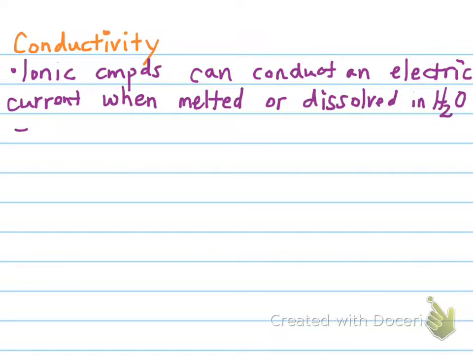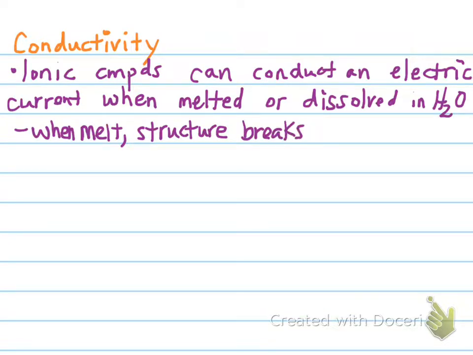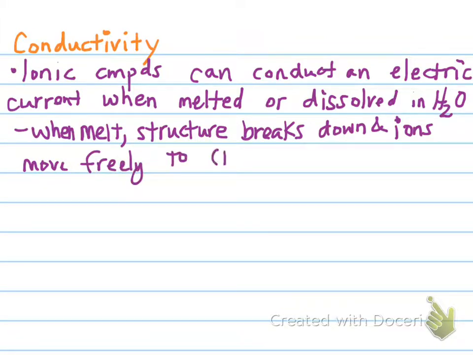The reason that this happens when they melt is that the structure breaks down and the ions move freely to positive and negative electrodes so that they can conduct an electric current.